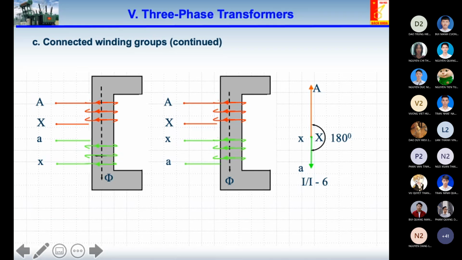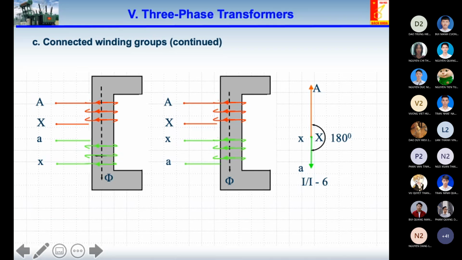You can take 6 multiplied by 30 degrees, as I said before. Otherwise, you can do it another way: from this electromagnetic force, you can rotate from here to here and see 180 degrees.